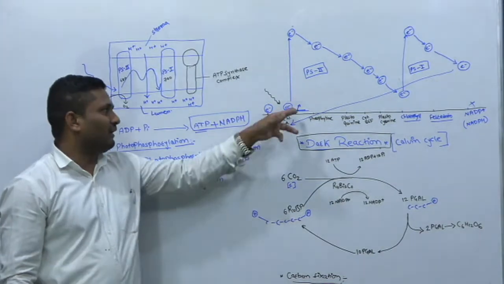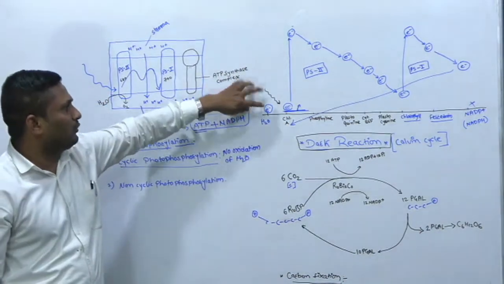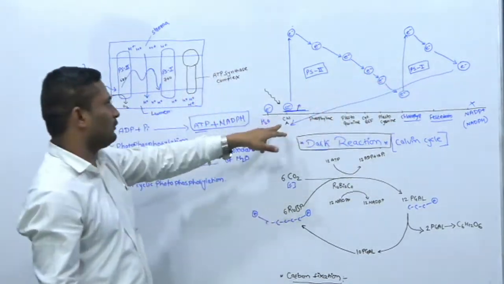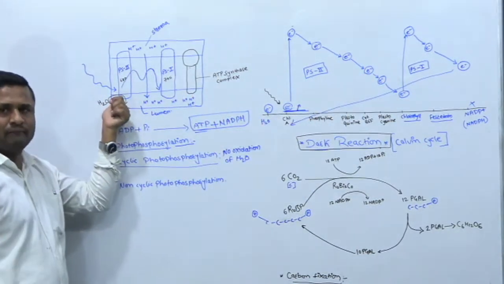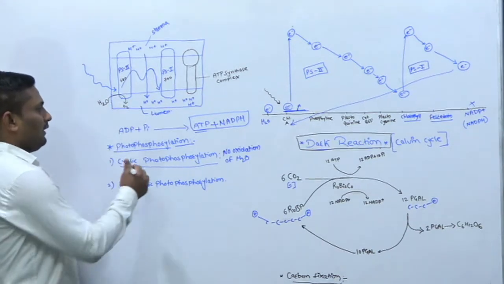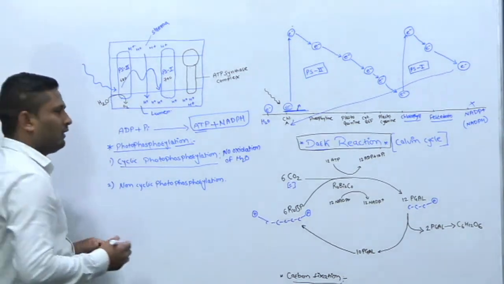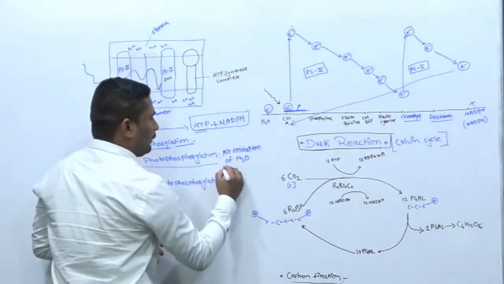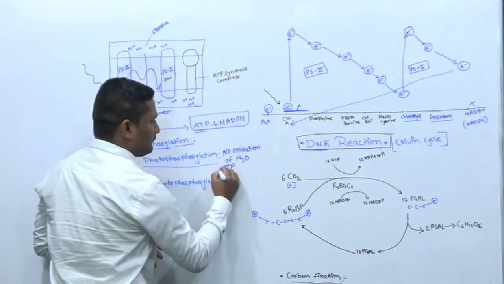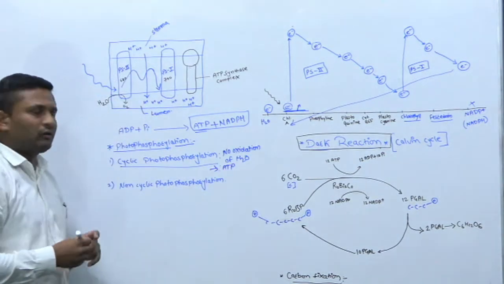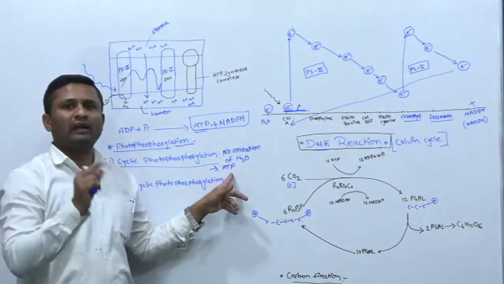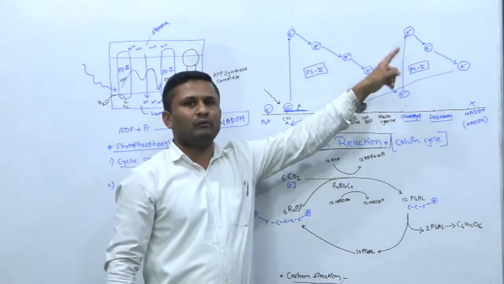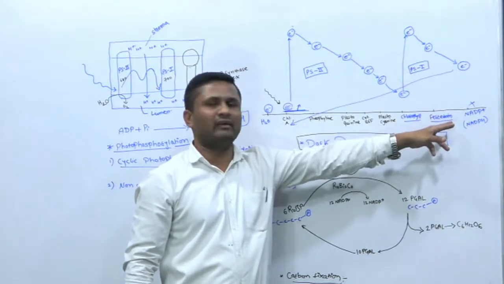Because here there is no need to replace the electrons, because all these electrons are coming back to the photosystem second again, right? And in cyclic photophosphorylation, as there is no oxidation of water taking place, only ATP will get synthesized. Okay, so what will be the product of cyclic photophosphorylation? Only ATP will get generated, because electrons are not getting accepted by the NADP plus.